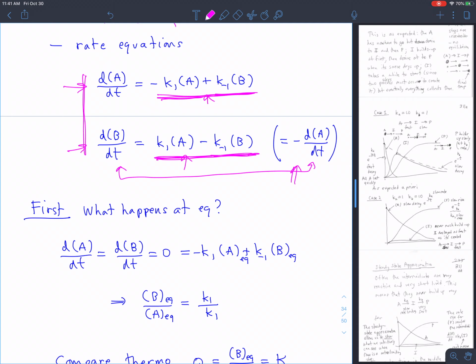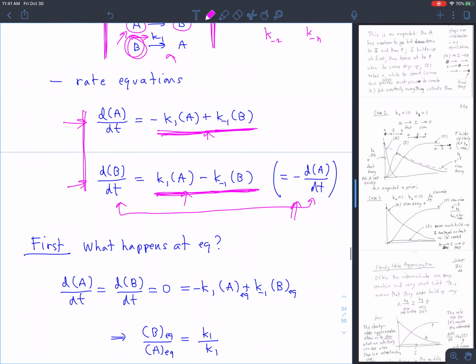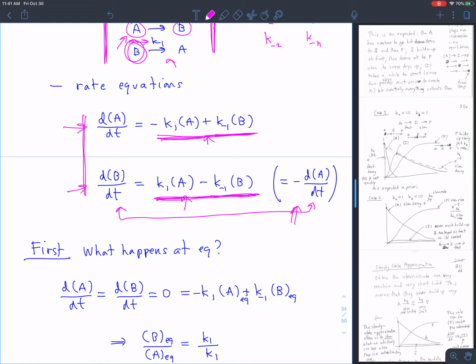But before we actually solve, there is a very important result we can get. Well, first of all, both of these equations are not independent of each other. If this guy and this guy are just related by a minus sign, then only one of these is an independent differential equation that we can solve. So everything we can learn, we're going to learn from just one of these. We don't need to look at the second one.